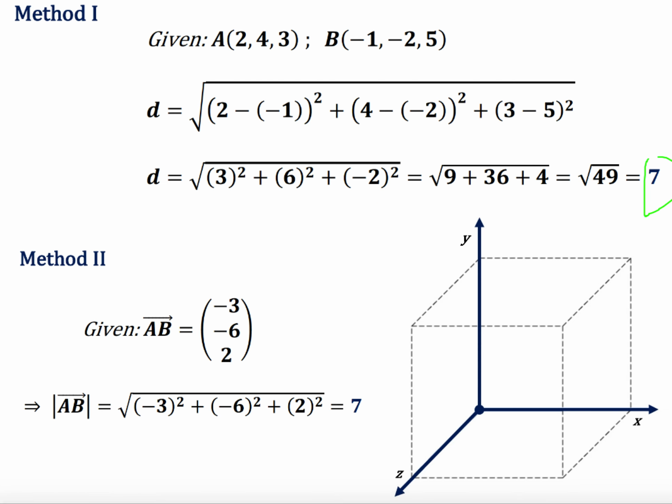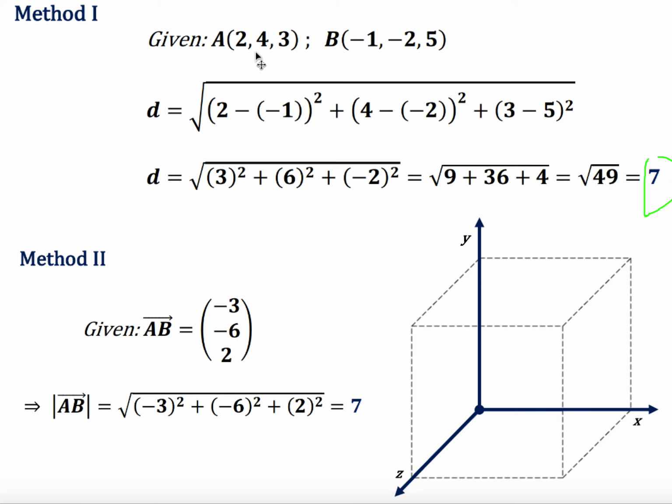And where that could be useful would be twofold. Given 2 points in space, to find the length or distance between those 2 points, you can simply say the difference between the x's squared, plus the difference between the y's squared, plus the difference between the z's squared, ends up giving you the square root of 49, hence 7.